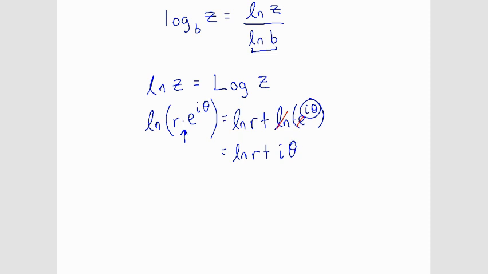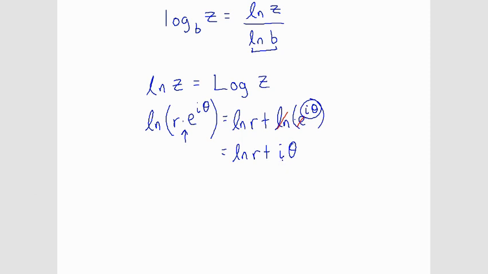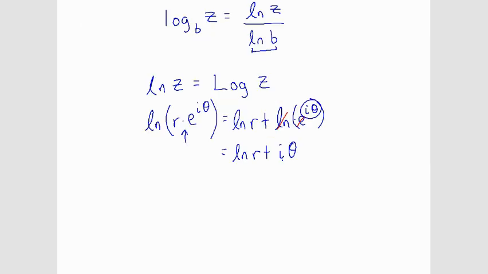Now, if we were to actually do these calculations, remember that r is the same as the square root of x squared plus y squared, so it's rectangular components. And then the theta would just be this behemoth right here. And you'd have to know how to operate this piecewise function.